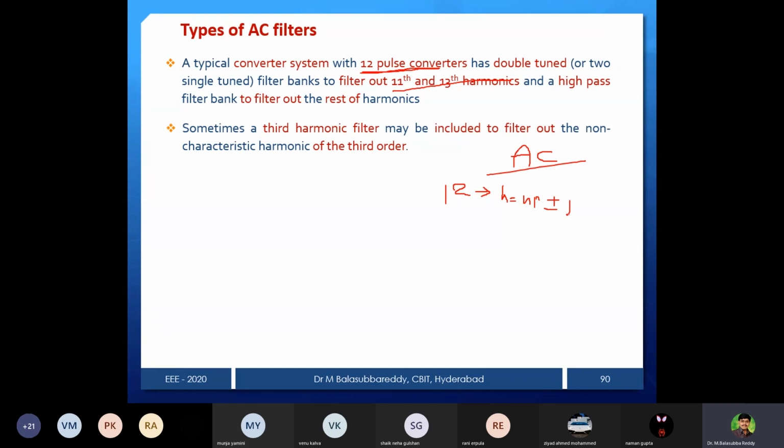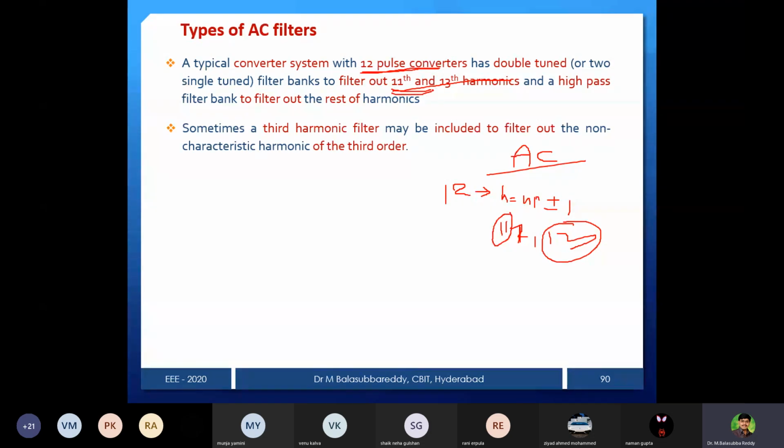Let P be 12 pulses and N be 1, 2, 3 and so on, any notation you can follow. Then 12 minus 1 gives 11, and 12 plus 1 gives 13. So these are the 11th and 13th order harmonics.